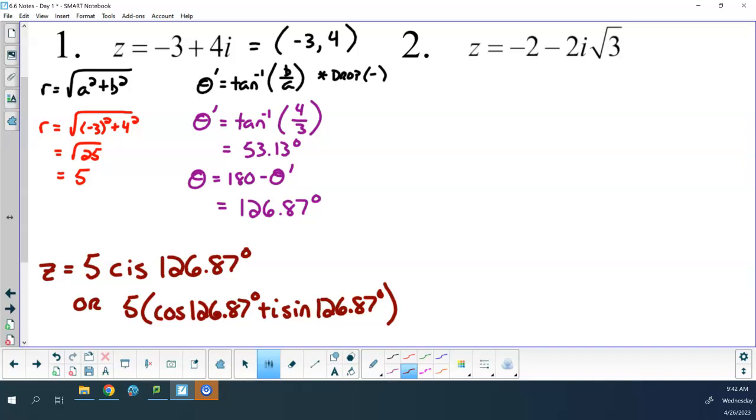See how the shortcut's much easier. That's why we mathematicians came up with cis, it is much easier.